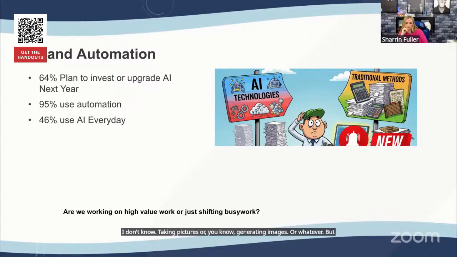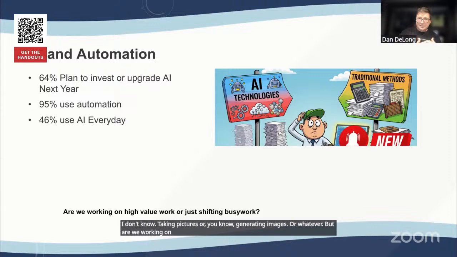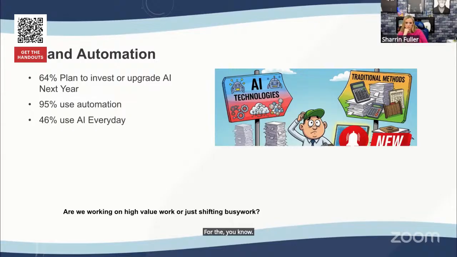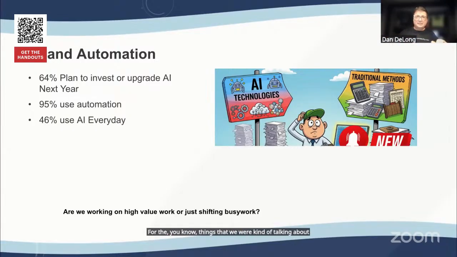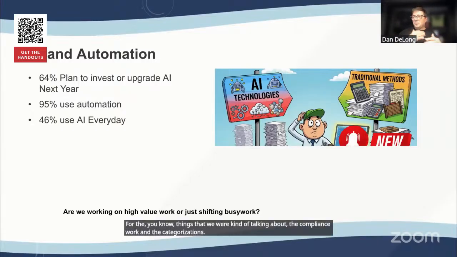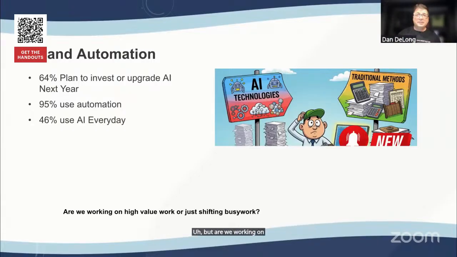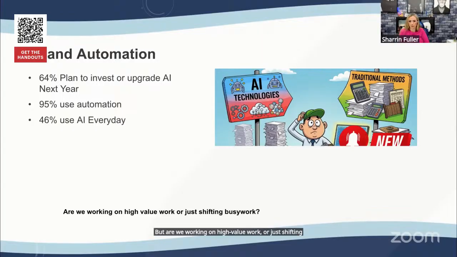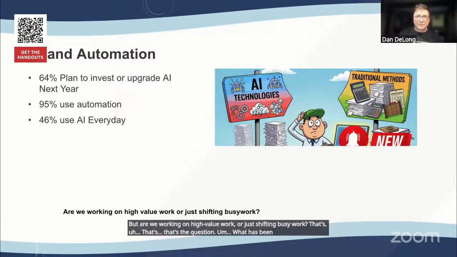But are a lot of these AI and automations clearing the way for the things we were talking about, the compliance work and the categorizations, but are we working on high value work or just shifting busy work? That's the question. What has been your thoughts about that, Sharon?